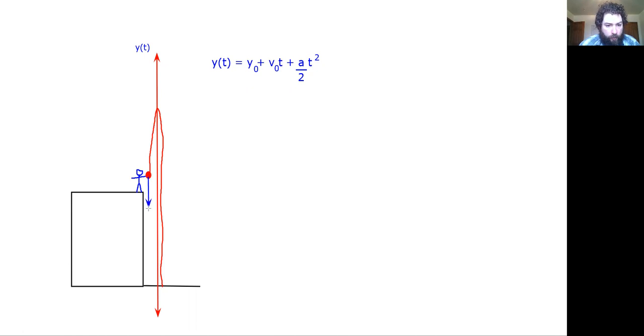So we know that the acceleration a is going to equal negative g, because g equals negative 9.81 meters per second squared.